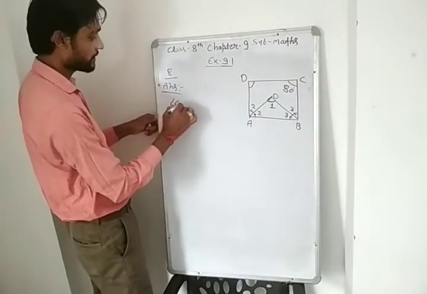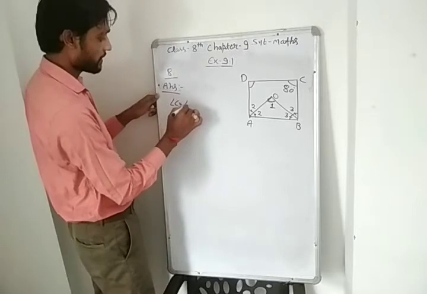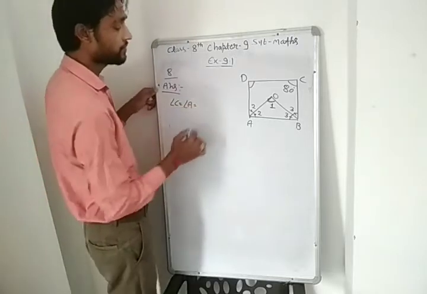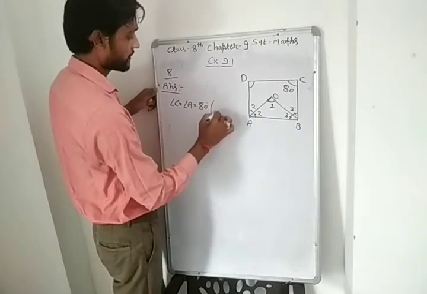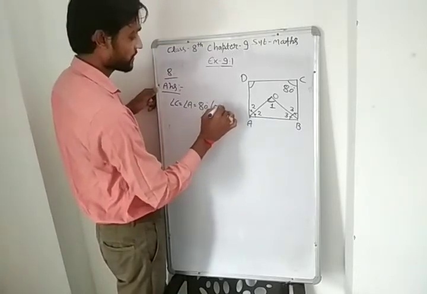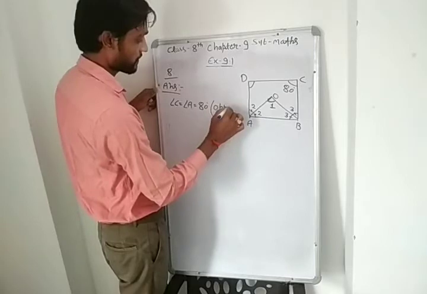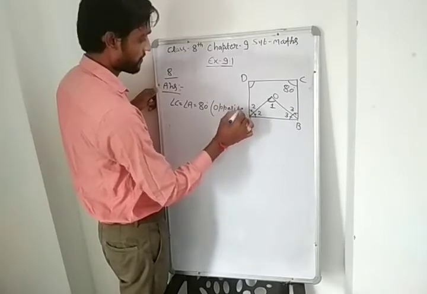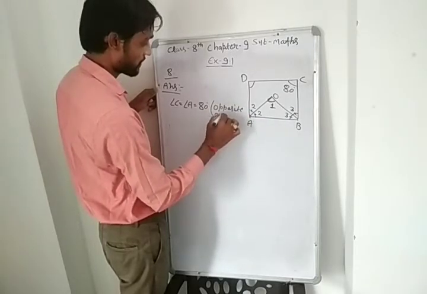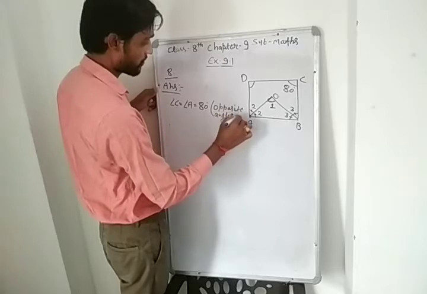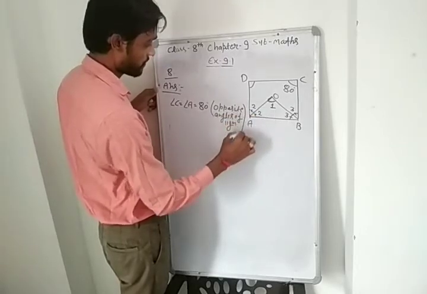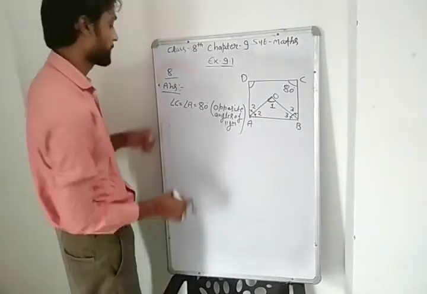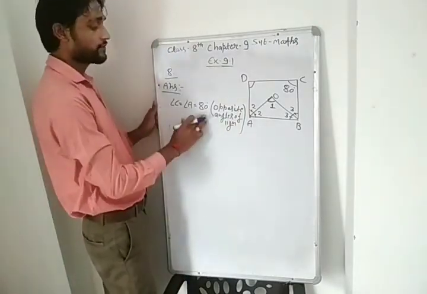Angle C is equal to angle A is equal to 80 degrees, that is opposite angles of a parallelogram. Clear? A and C is equal to 80.